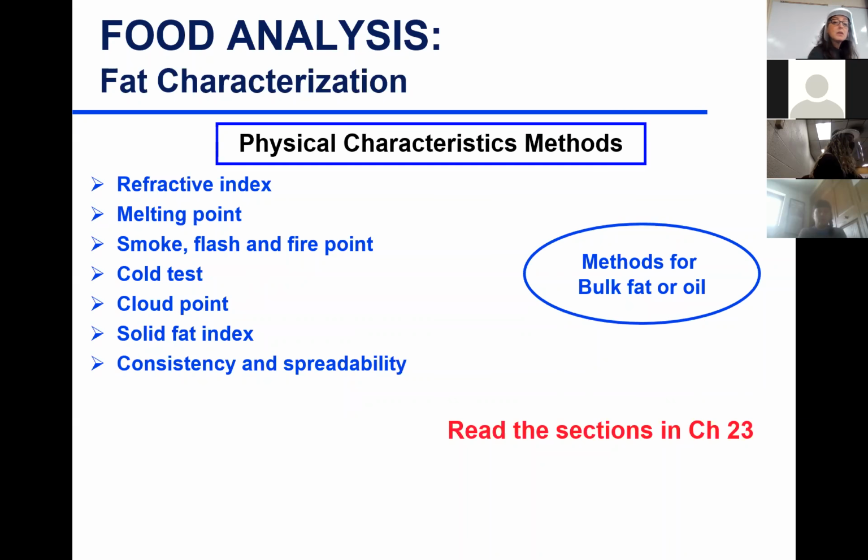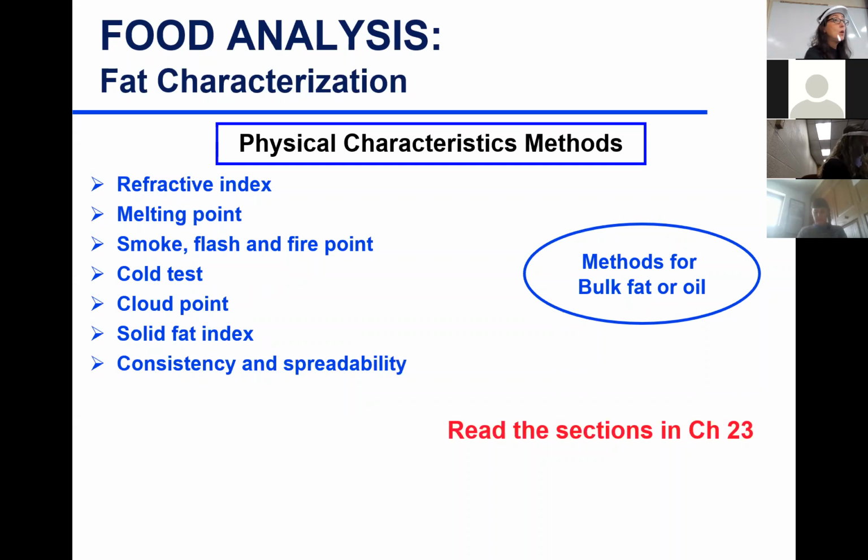Now, the physical characteristics here are mostly for your bulk oils or fats. Most of them are very characteristic of the different types of oils and fats. So there are tables, for example, for refractive index for different oils and fats.